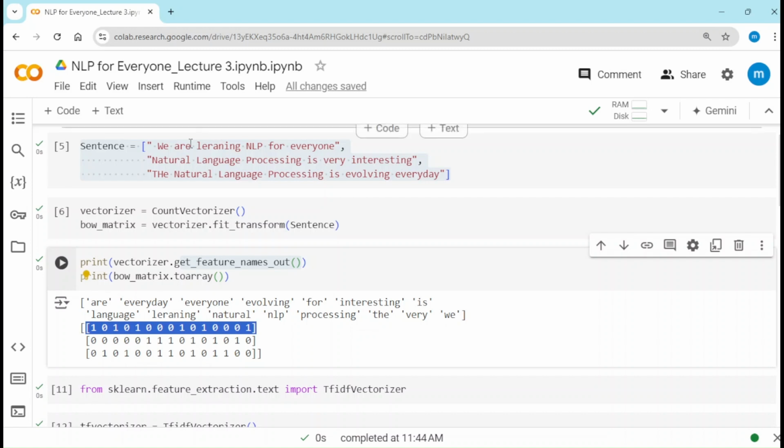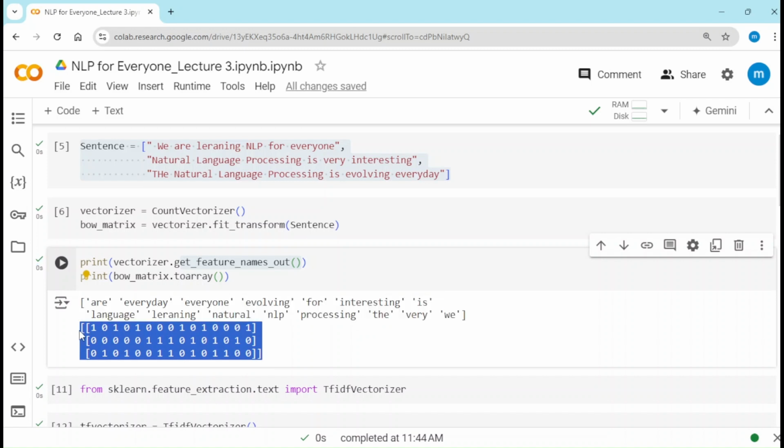Wherever these words appear in the first sentence, mark that as 1, otherwise mark as 0. This way it will create the matrix for your sentences, and then these matrices are used for the training purpose. In training, internally, the derivations, multiplications, all these mathematical operations are happening. So count vectorizer is the simplest form of bag of words.